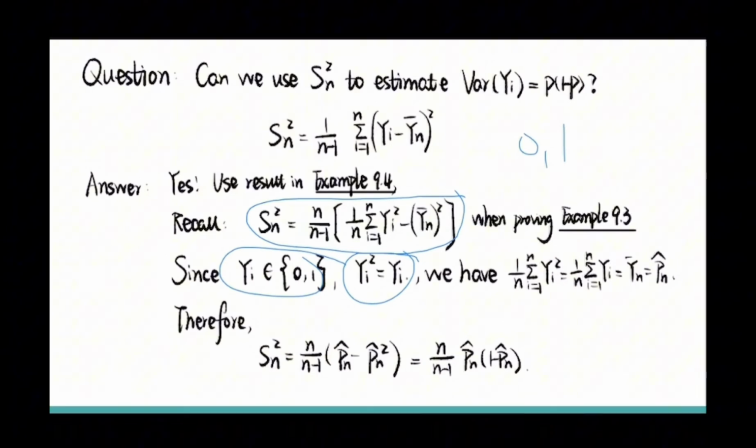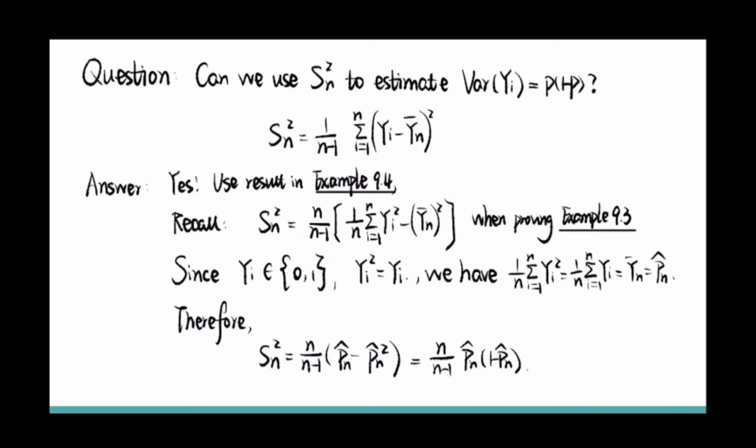Now, don't forget, we said that y bar converges in probability to the expected value of y, and that y bar squared converges to mu squared.